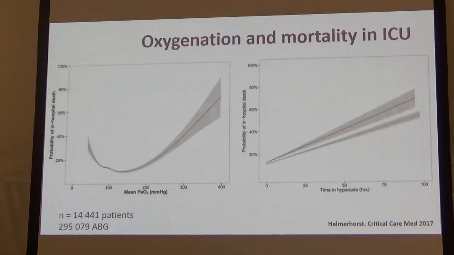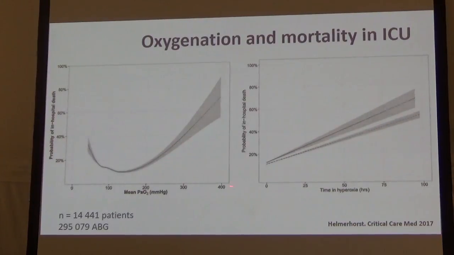So, another point about mechanical ventilation is oxygenation. As you know, if we plot PaO2 and the risk of death, patients with a low PaO2 of course have a high risk of death, but patients with a high oxygen level, which is called hyperoxemia, have an increased risk of death.